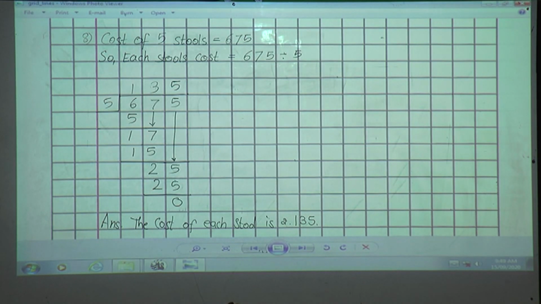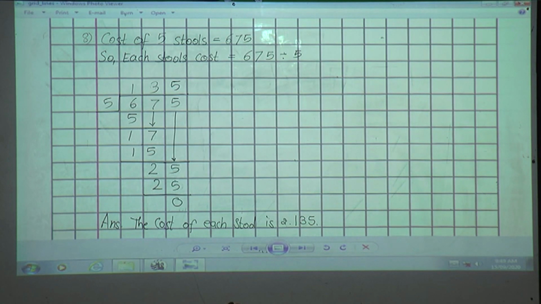Here we have done the division. After division we got the answer 135. So at the end we have to write that answer in a sentence, that is, the cost of each stall is rupees 135. Clear this 8th example?